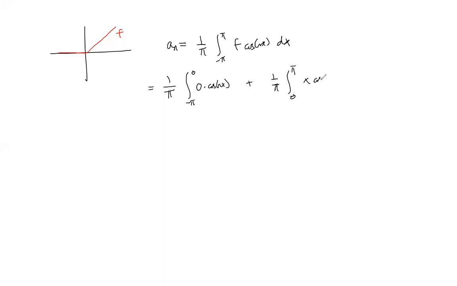Here it will be x times cosine of nx. And so this is 0, so we can just ignore this and worry about the right term. It's 1 over pi. Okay, and now we need to integrate x cosine of nx.